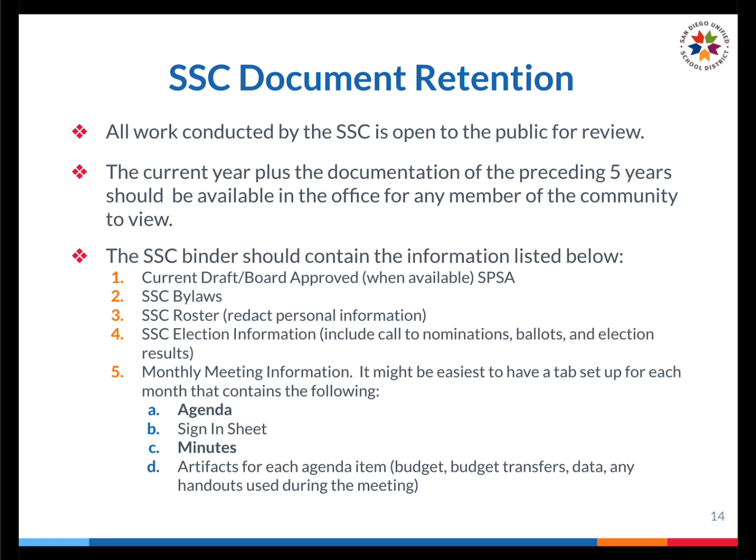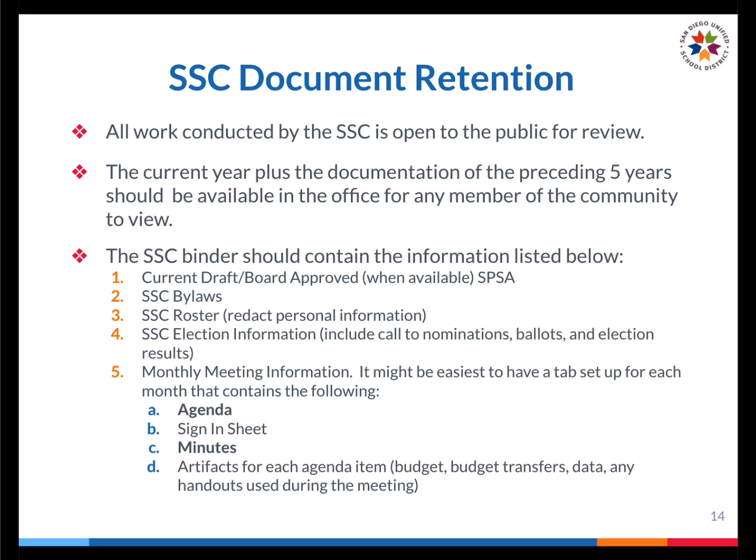First, a current draft or board-approved SPSA. Second, SSC bylaws. Third, the SSC roster with personal information redacted. Fourth, the SSC election information, including a call to nominations, ballots, and election results.